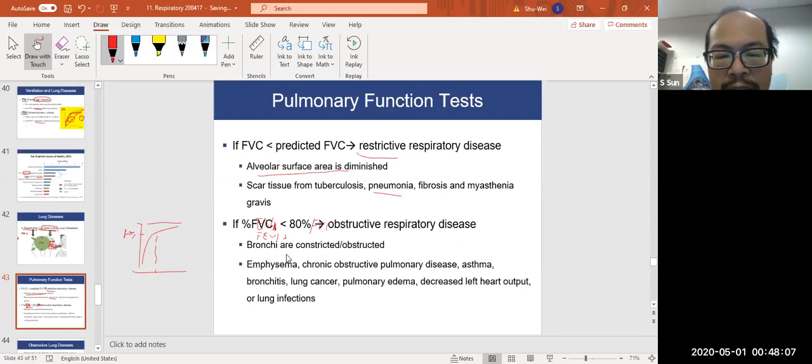The airway is obstructed or constricted. The common disease is emphysema. Commonly, we see this one in patients with chronic smoking. Asthma is due to allergy. Bronchitis is the infection and inflammation. So those are these two types of pulmonary disease.